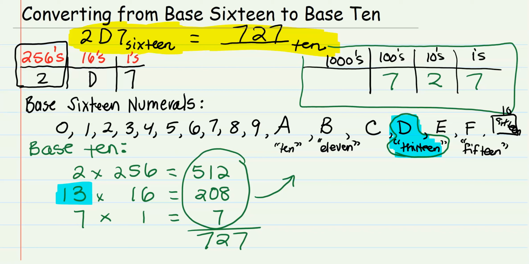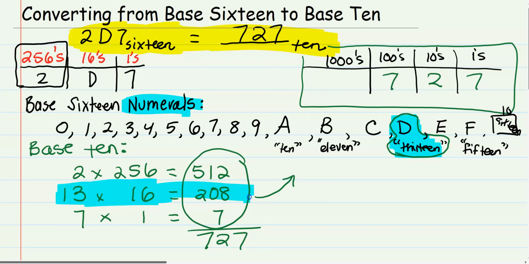And that is how you can convert from one base to another: understanding place value, knowing what the numerals are, and translating that into what it means in base 10. In this case, D means 13. That means you have 13 groups of 16, that's this right here. And then here you have two groups of 256 because that's how place value works.